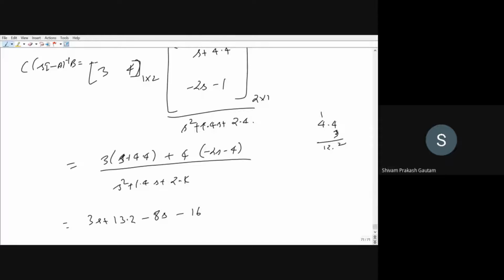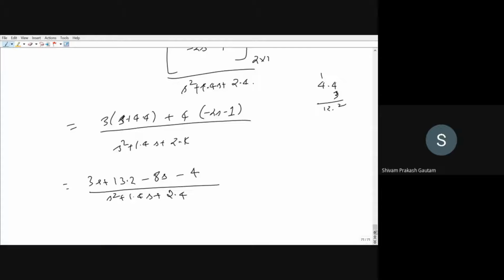Is it correct? It is not 4, it is 1, I think. Right? So here it will not be 16, here it will be 4 into minus 1, which is minus 4, upon s square plus 1.4s plus 2.4.